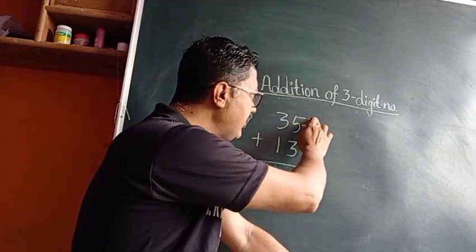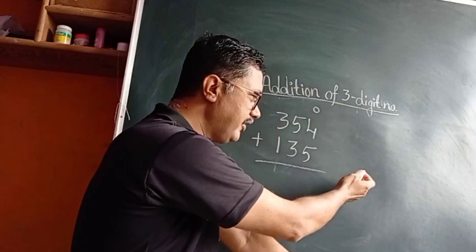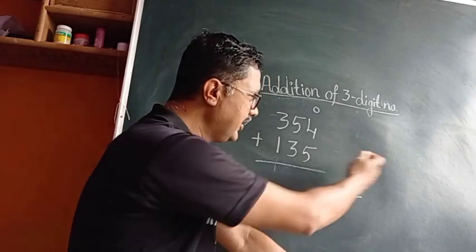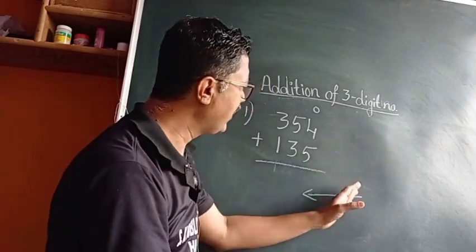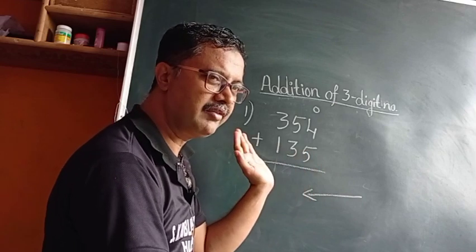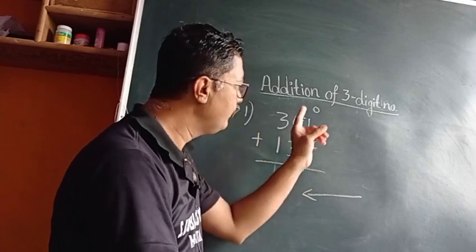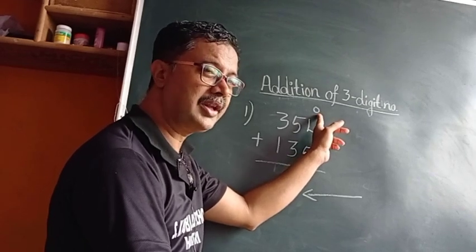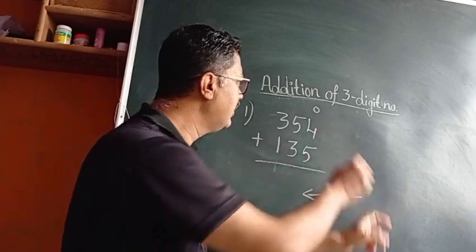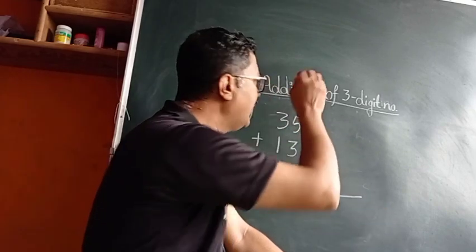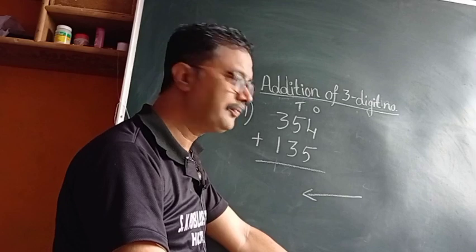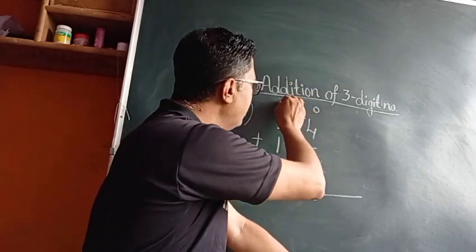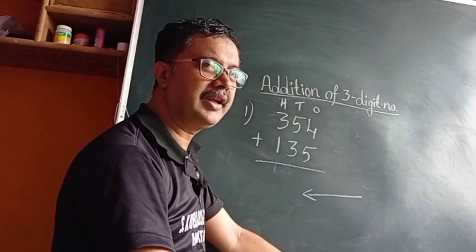Here, first, we are counting always from right side to left side. This is the right side. When we are moving from right side to left side, we count this as the unit place or ones place, tens place, then 100 place.